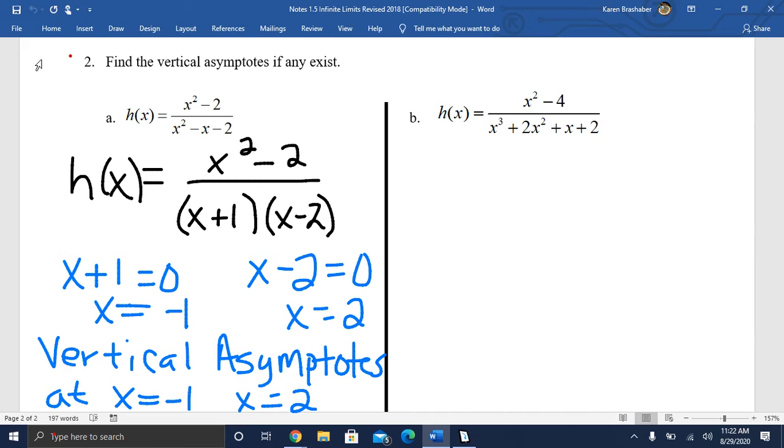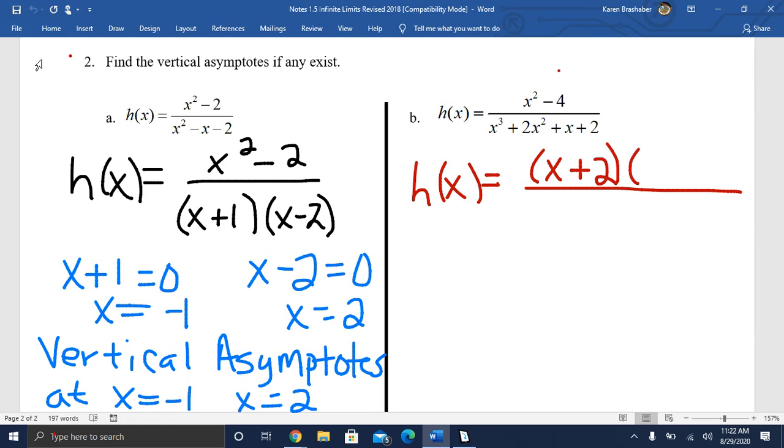Now, looking at part B, you have your numerator, h of x equals, for x squared minus 4, you can factor that. That's a difference of 2 squares. And so we'll factor that into x plus 2 and x minus 2.